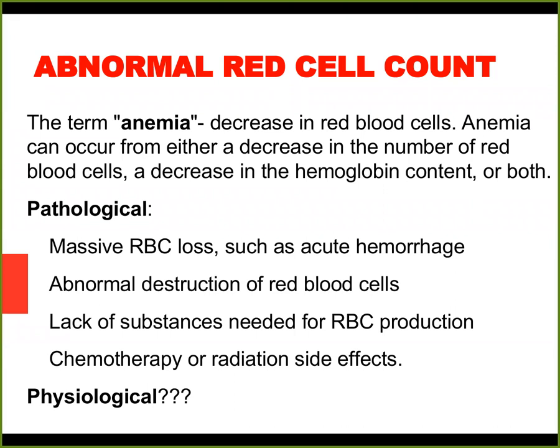We should analyze both these components for detection of anemia. And anemia may be pathological, you know, after bleeding, after hemorrhage, or some destruction of red blood cells after some chemical substances, chemotherapy, radiation, some drugs may lead to anemia, a pathological state, and some diseases, oncological diseases, inflammatory diseases, again may lead to pathological anemia.